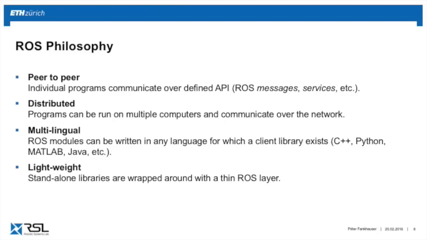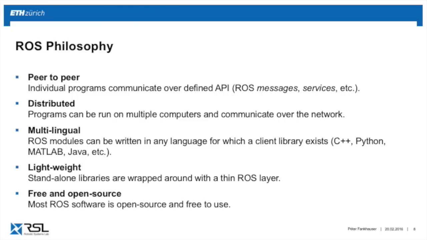The idea is that you take existing standalone libraries and wrap them with the ROS layer such that you enable existing algorithms to communicate and work with other tools together on your robot. And finally, ROS is great because it's free and open source. So you can dive in to the very core and check for things. And if you find a bug, you can file an issue or actually fix it yourself and do extensions of ROS.